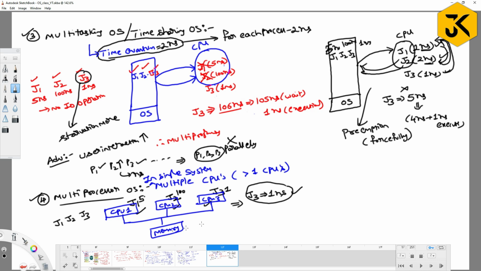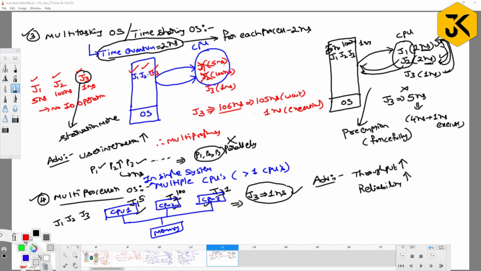So if you look at the advantage of this one, obviously as the number of jobs completed increases, throughput is definitely going to increase. And what about the reliability of the system? It increases.